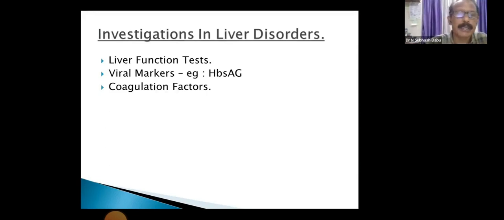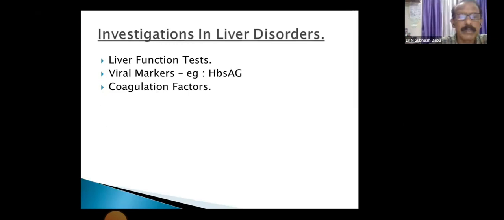Hepatic cells will be destroyed, and as a result, the enzyme will be released. So in all the hepatic damage conditions, in all liver cell injury, we will get elevated enzymes. Recently we look into the GGT, gamma GT, because it is a sensitive test which clearly denotes the volume of liver cell damage.